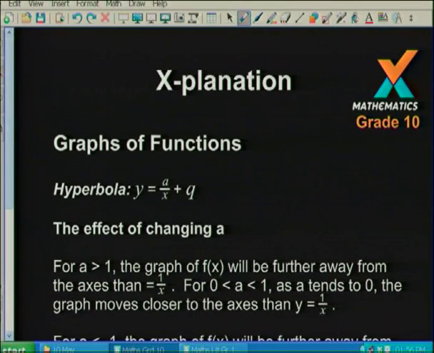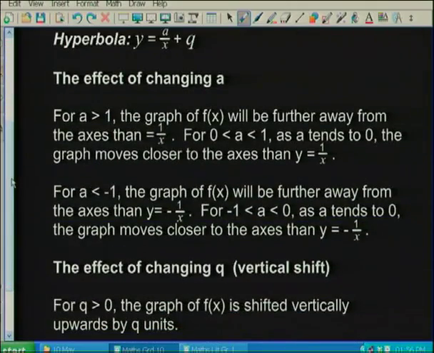Now let's talk a little bit more about a. If a is bigger than 1, the graph will be further away from the axes than the basic graph 1 over x. If a is between 0 and 1, the graph tends to 0, and it moves closer to the axes than y is equal to 1 over x. We will see that just now when we draw the graphs.